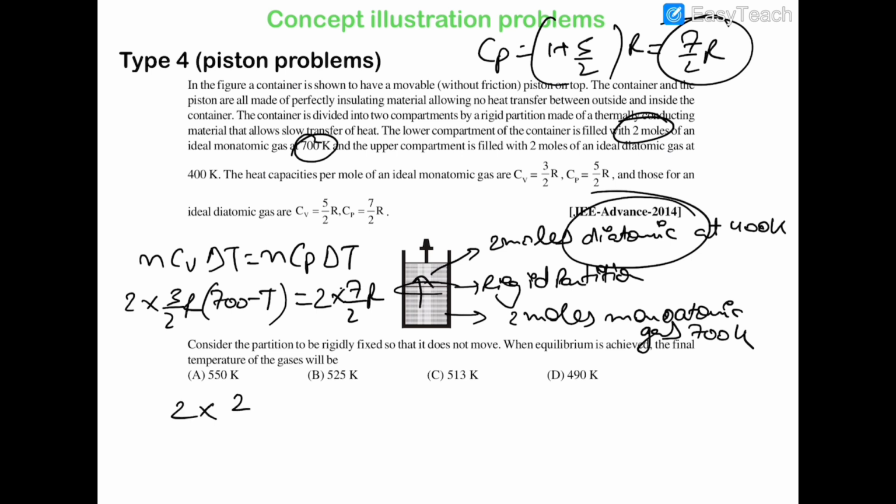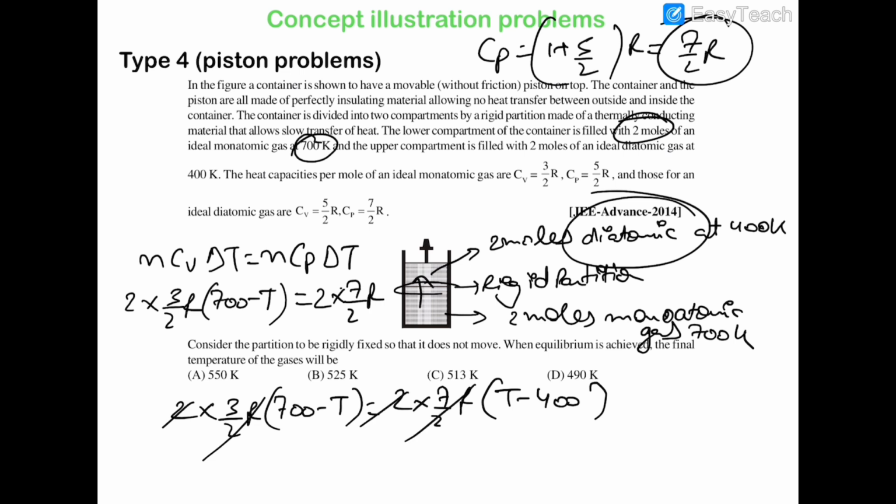So this is 2 into 3/2 R into (700 minus T) is equal to 2 into 7/2 R into (T minus 400).